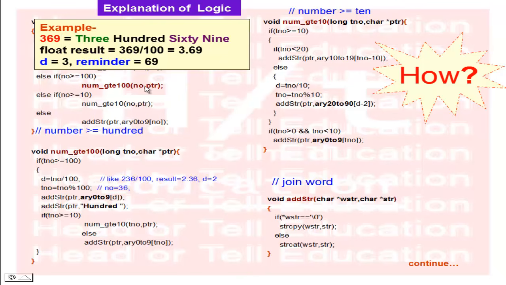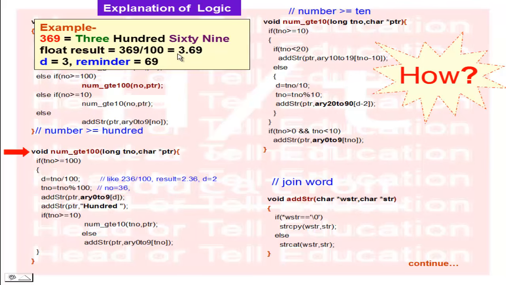So I am calling this function because the number is greater than or equal to 100. So we pass the number here and a character pointer. If we see the logic, this function is called like this. So what is the function actually doing? If we directly calculate, 369 divided by 100 gives 3.69.